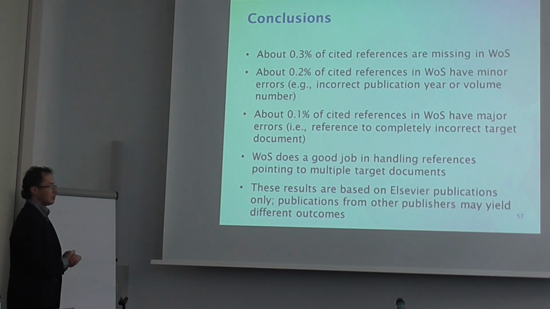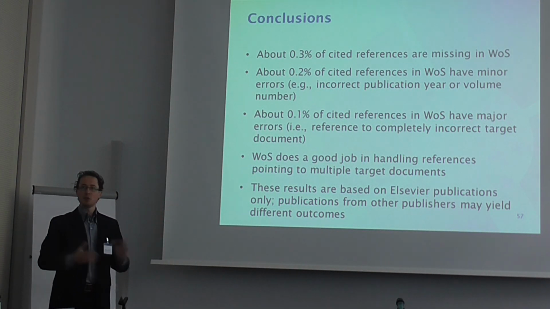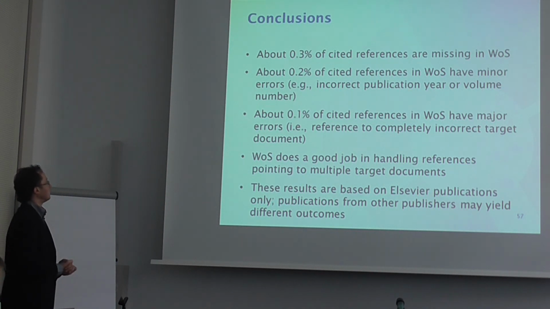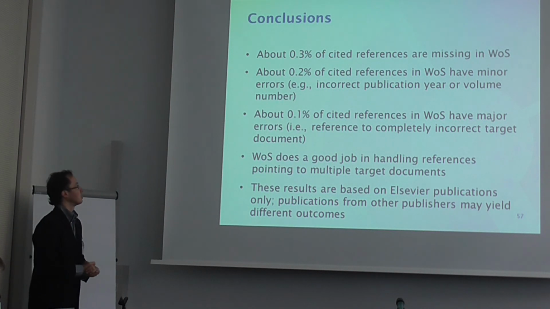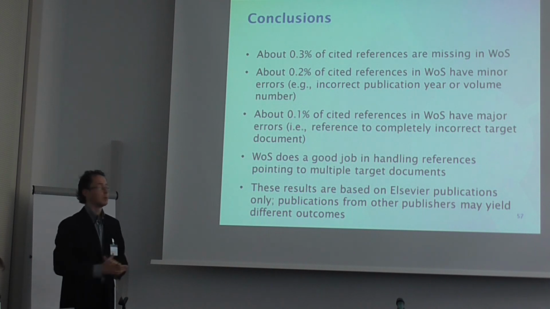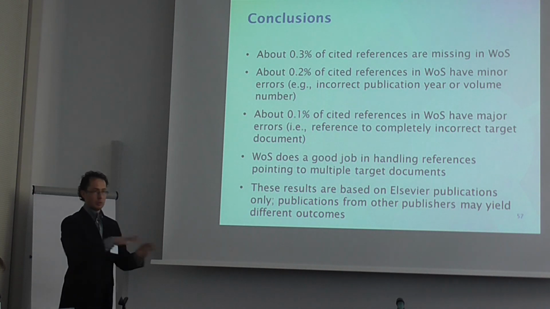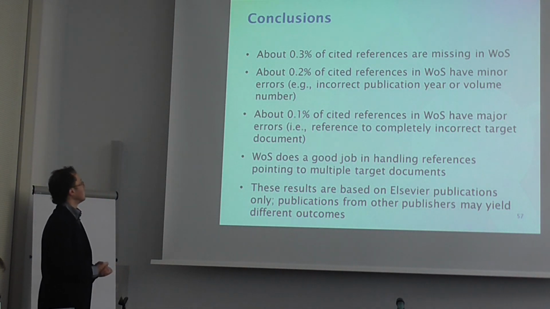So some conclusions. Still work in progress, but some first results show that about 0.3% of the cited references are missing in Web of Science. About 0.2% of the cited references in Web of Science have minor errors, so incorrect publication year or volume number. 0.1% have major errors, so the data is completely wrong.